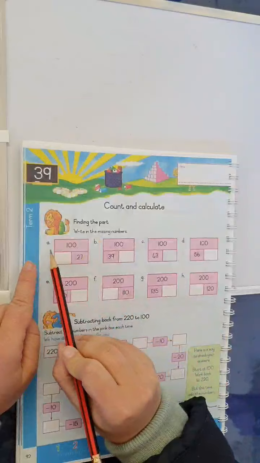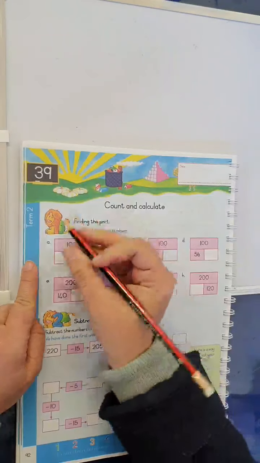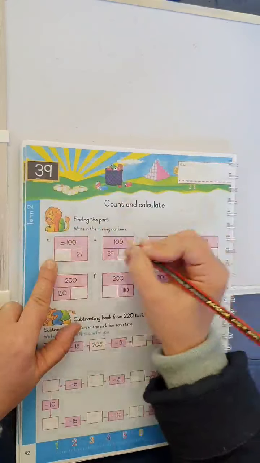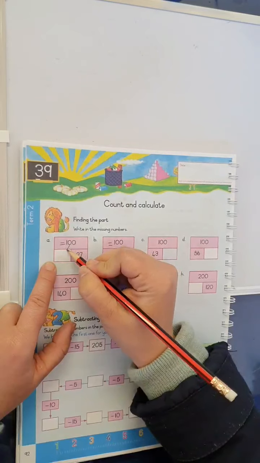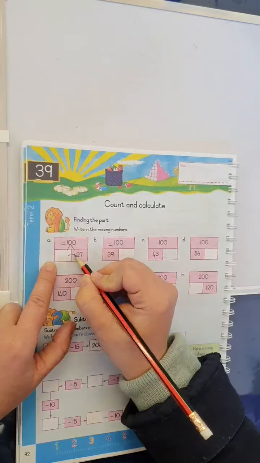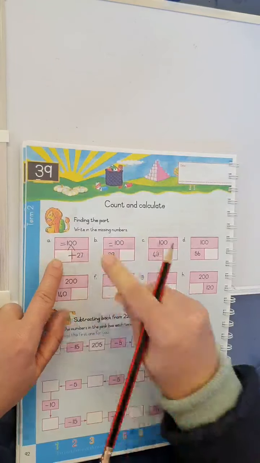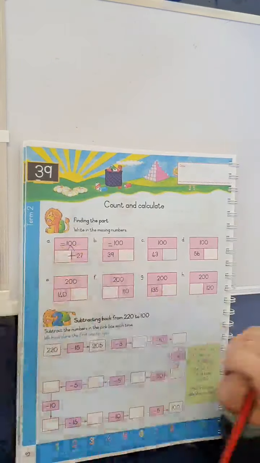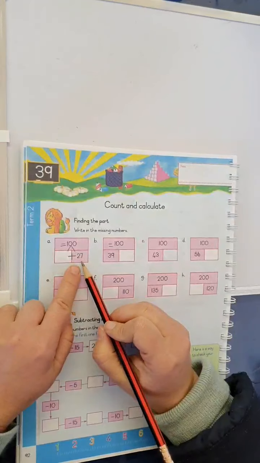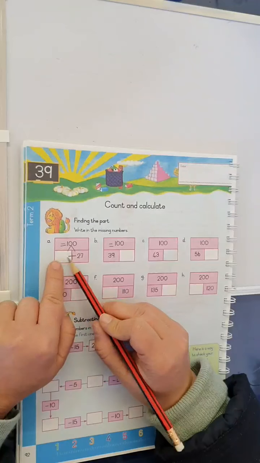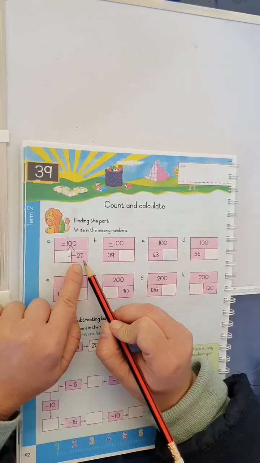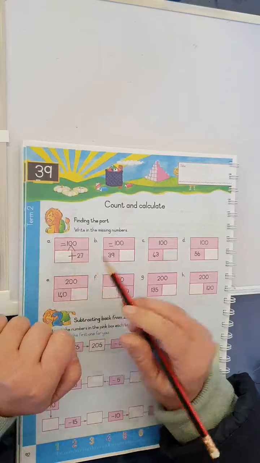So here you can see this first row, all the answers are 100. So again, it means these 2 numbers should add together to give you 100. So they already gave you 27. We already know the answer is 100, but we don't know what plus 27 gives you 100.